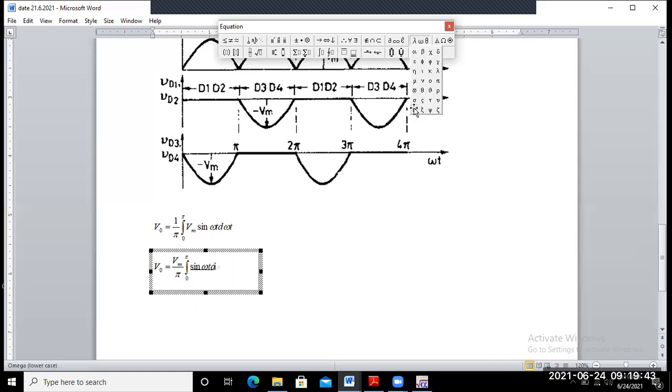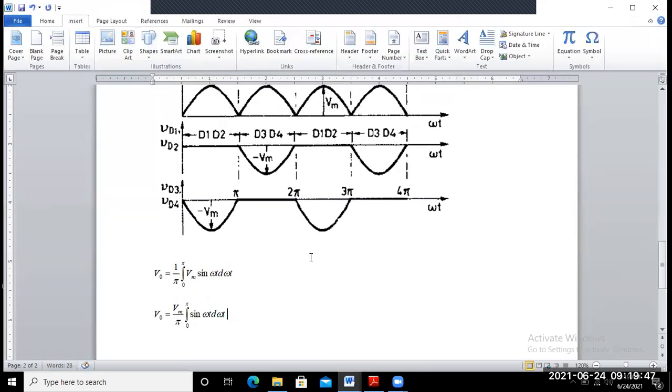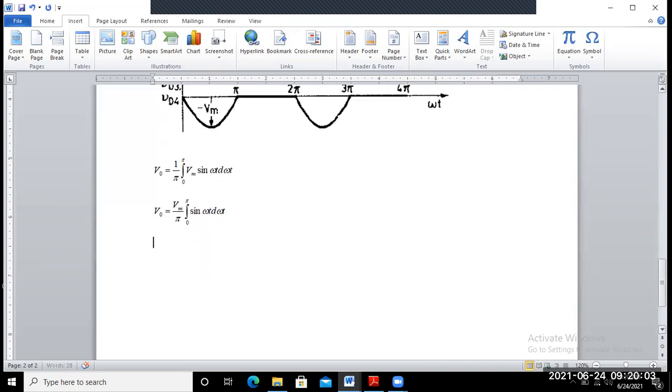So what is the integration of sin omega t? As you know, the integration of sin omega t is minus cos omega t. So just write here the integration of sin omega t, minus cos omega t, and put the lower and upper limit.